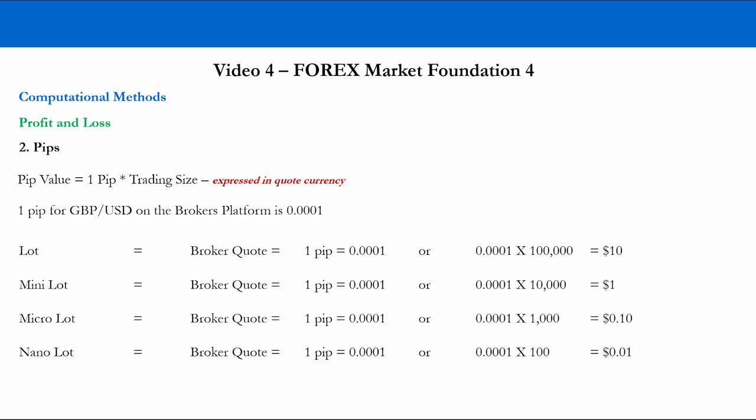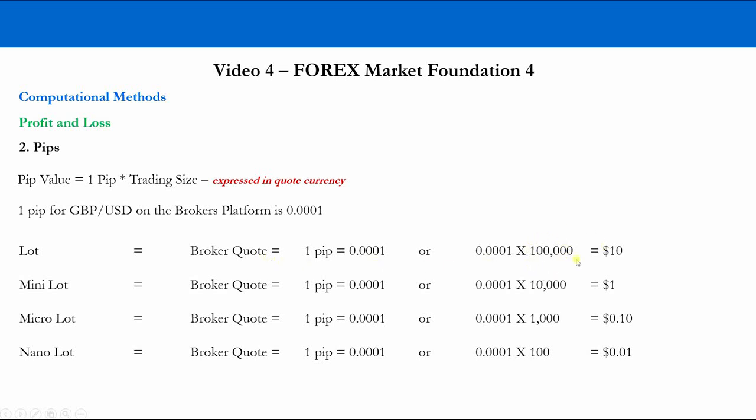And the way you can apply this across all trading platforms is by anchoring, or taking the broker's own pip value on their platform and applying it across the currency sizes. So all you do is take the pip value, fix it across all sizes, and multiply across the sizes.